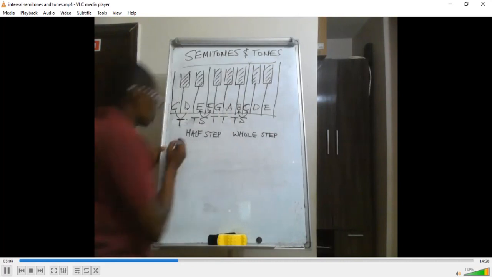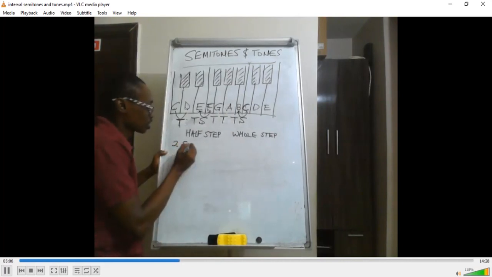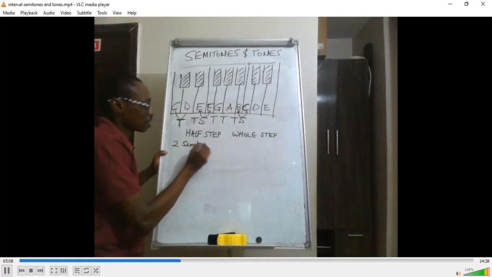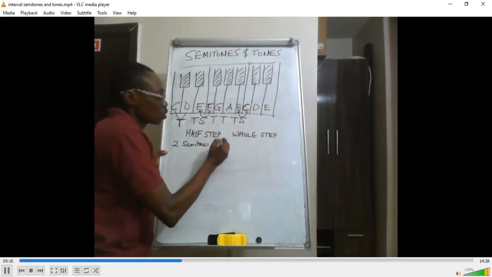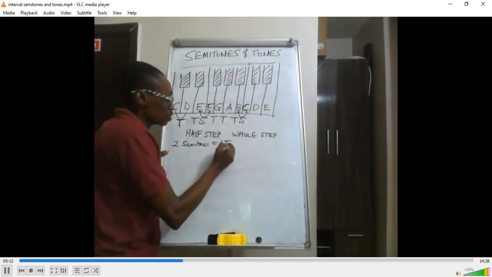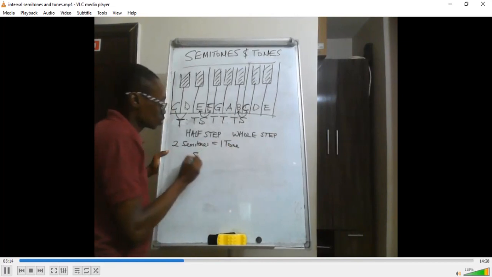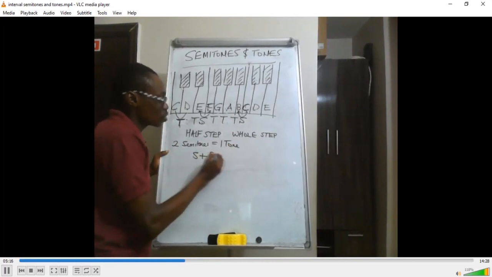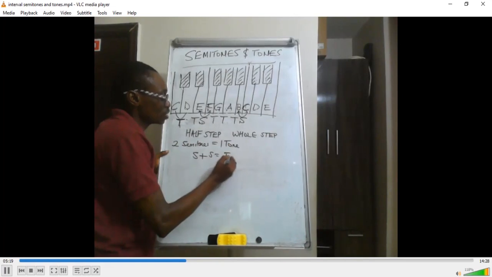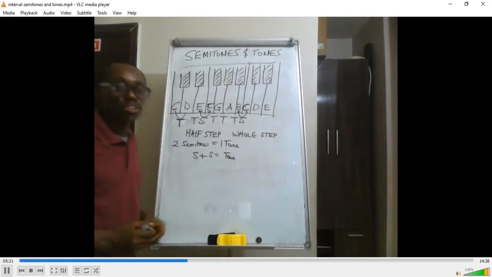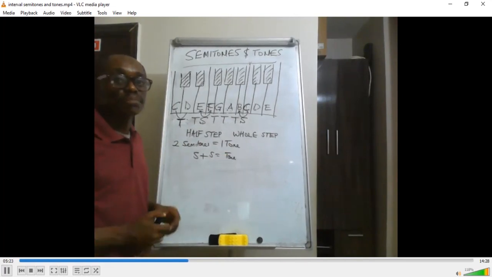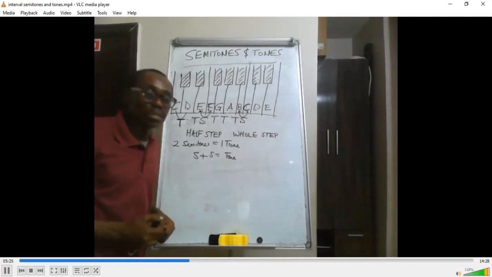Two semitones give you one tone. So a semitone plus a semitone gives you a tone. Now, how is that possible? I'm going to explain.